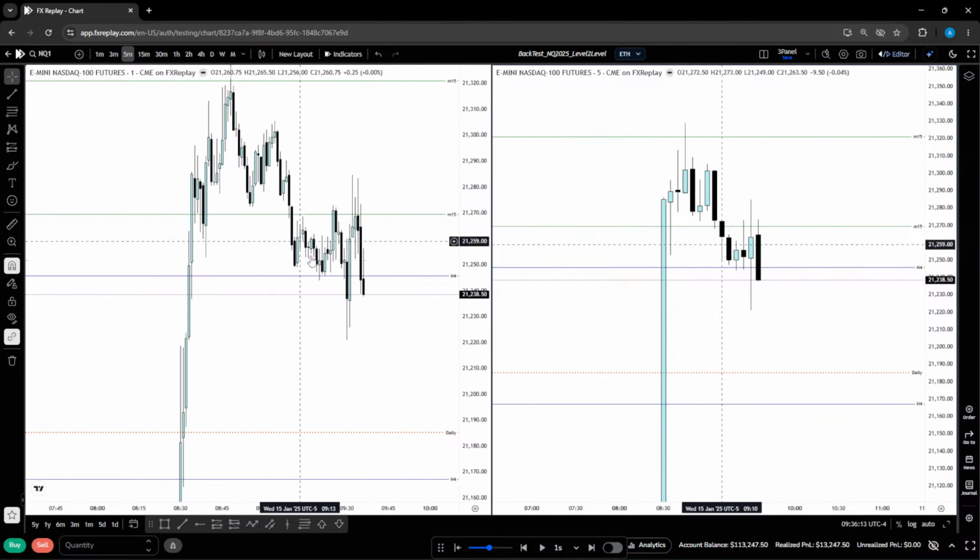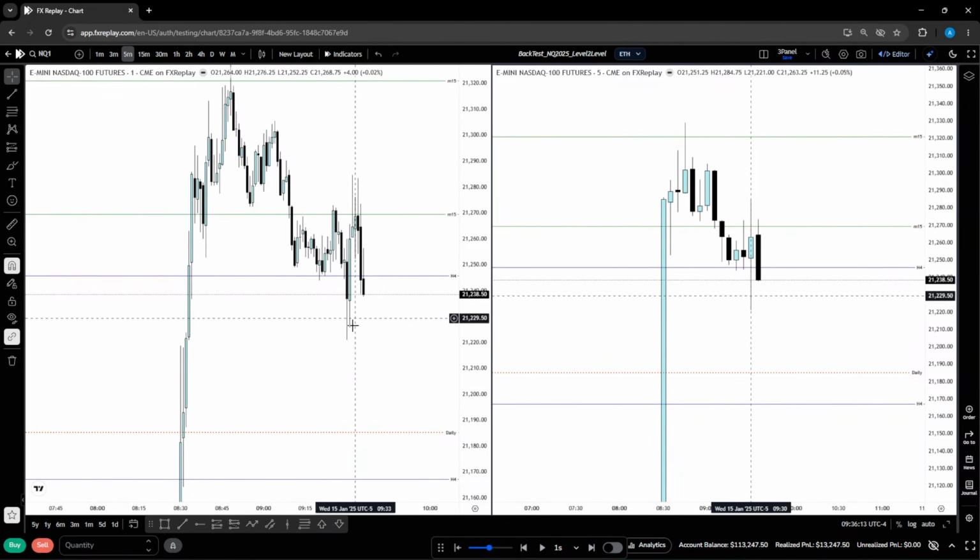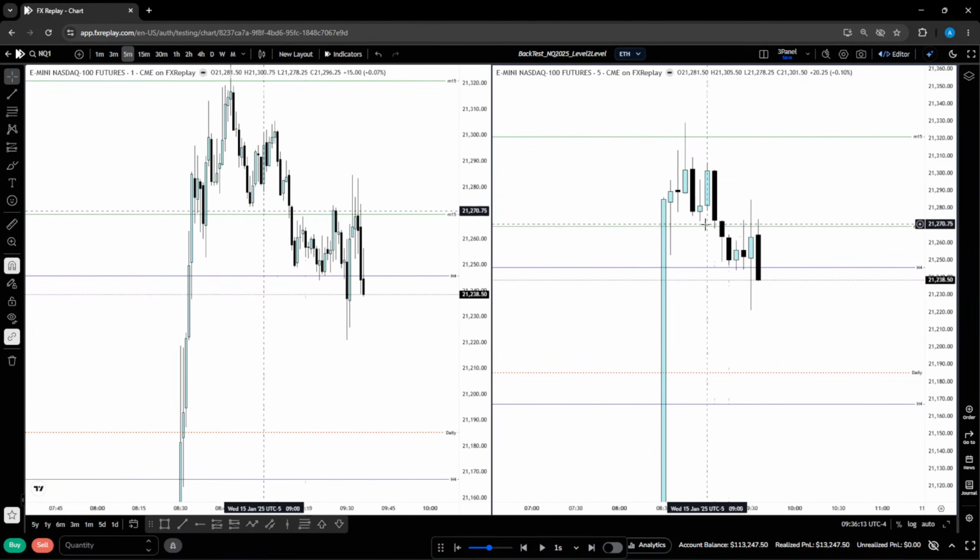Okay, so what are we seeing? We attempted to go below the H4. We came back up again to the 15 minutes, got rejected one more time from this 15-minute level.